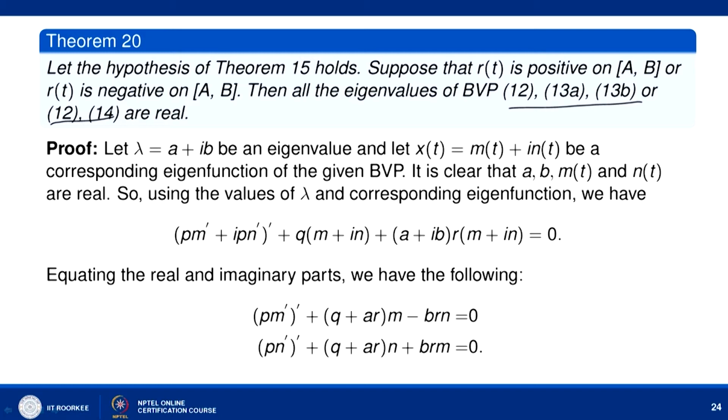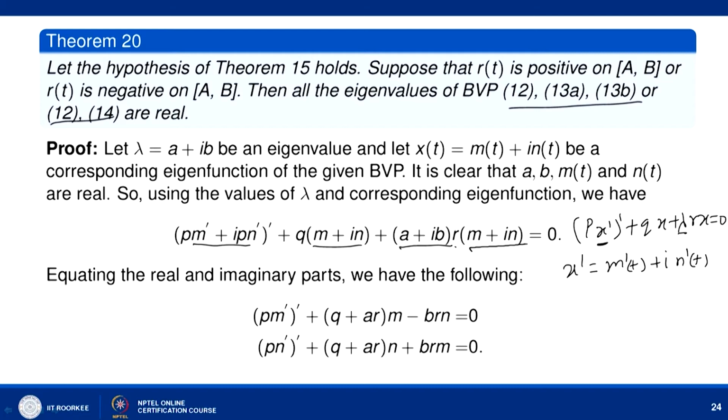So using the values of lambda and the corresponding eigenfunction, we put them in (P x')' plus Q x plus lambda R x equal to 0. Here x' is m' plus i n', and we write (P x')' plus Q x plus lambda R x equal to 0.